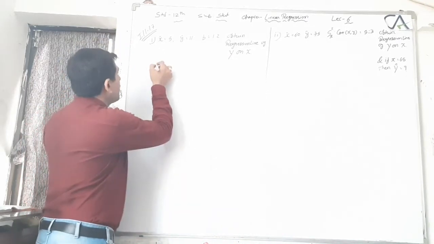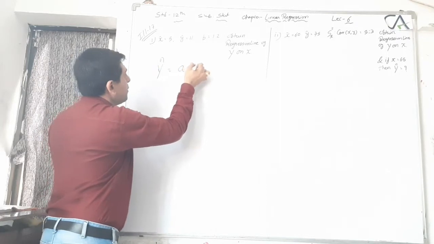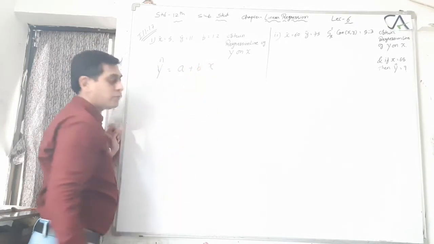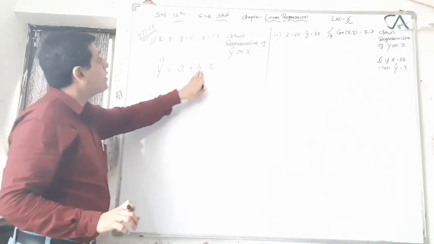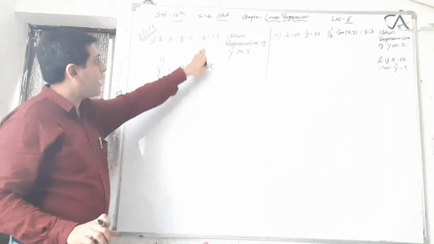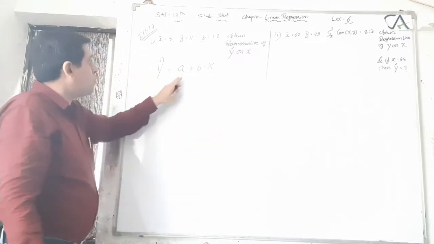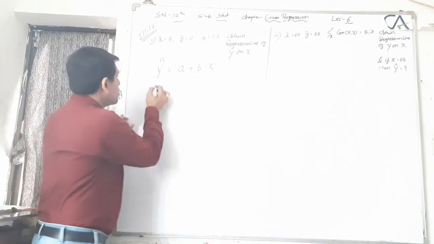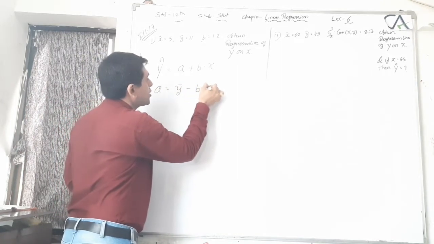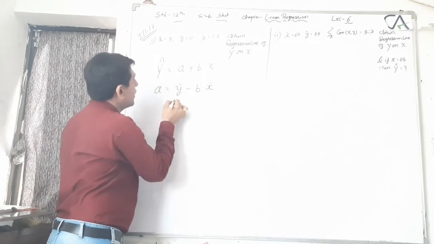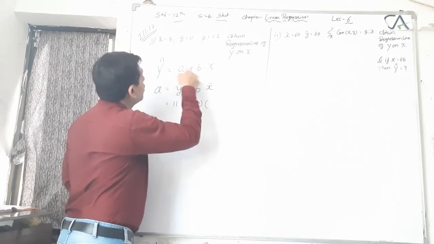What is the formula for the regression line of y on x? That is y cap is equal to a plus bx. First of all, b is given as 1.2, so now we have to find out a only. Here a is equal to y bar minus b x bar. What is y bar? That is 11 minus what is b? 1.2 into what is x bar?